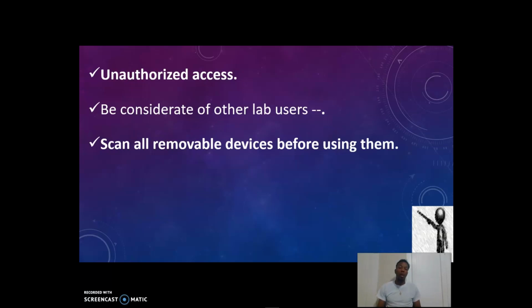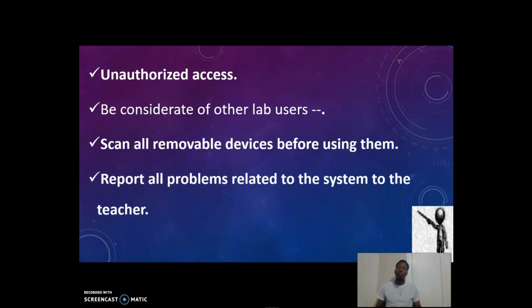So if we put a removable device in our computer without scanning it, and there's a virus that is able to capture your login information, then whoever creates this virus can get your login information and do harmful things with it. So please, whenever you plug a removable device in a computer, for example, your flash drive, always scan it before you use it to remove all malicious software and viruses.